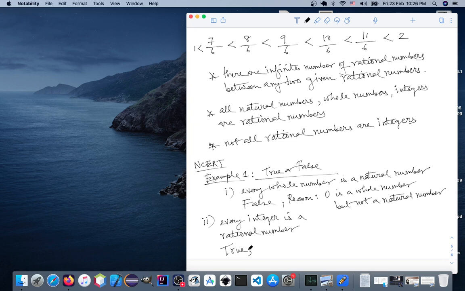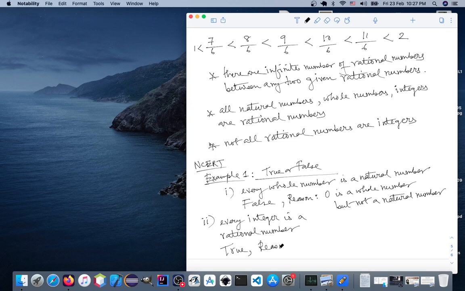The rational numbers obviously include the whole numbers, natural numbers, and the integers. And beyond that, those numbers which can be written in the form p by q, where q is not equal to 0 and p and q are integers. So every integer is obviously a rational number.